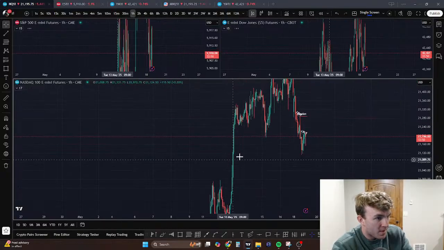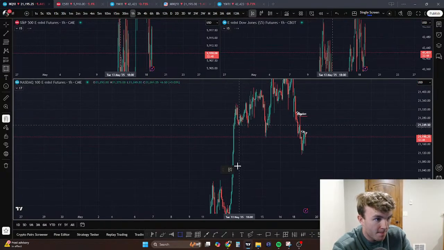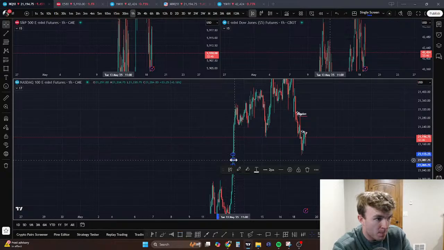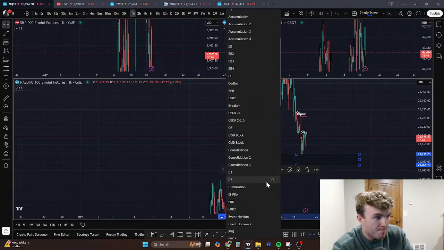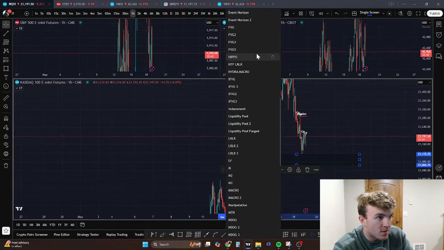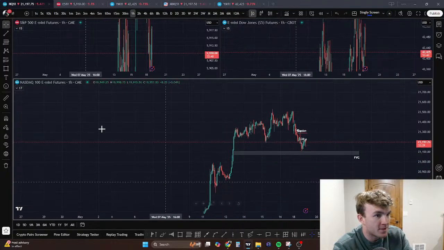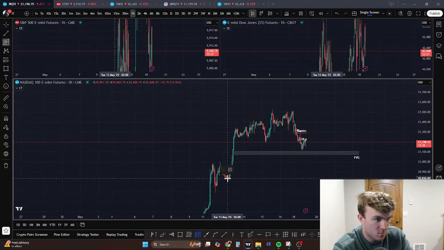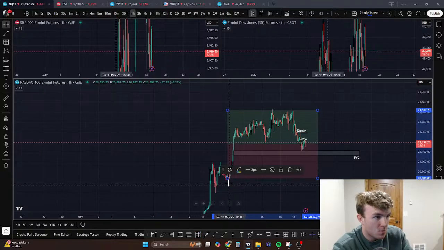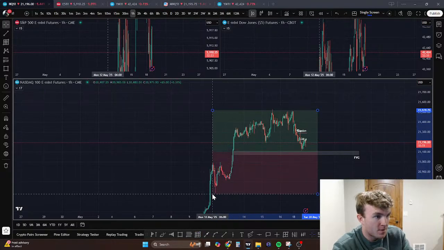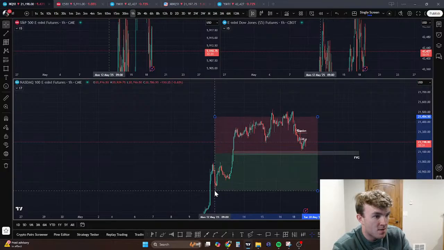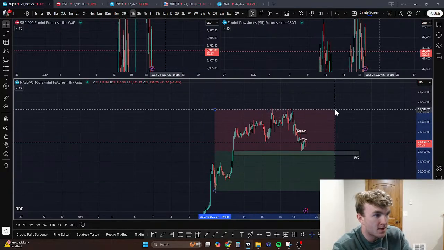So maybe we drop down into this. Let's measure out the higher time frame range here, from here to here. Look at how discount it is.